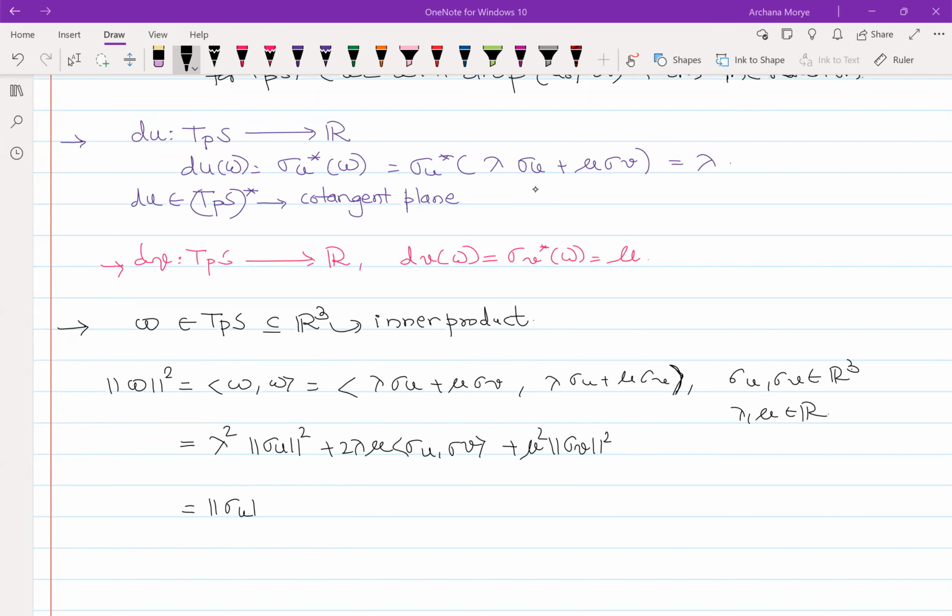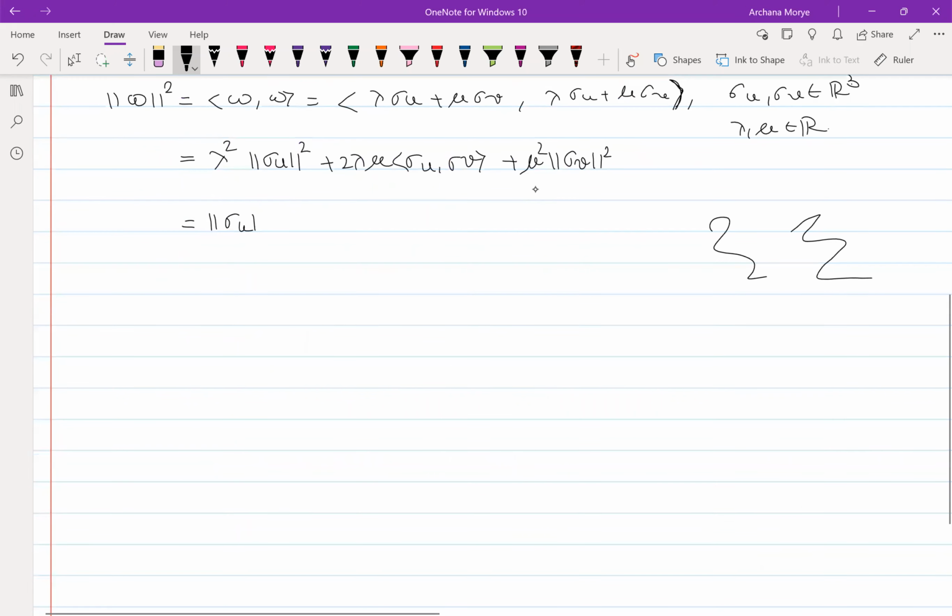The norm of sigma u and the norm of sigma v. Right, exactly. All of those numbers are independent of W. So let me write them as some constants.